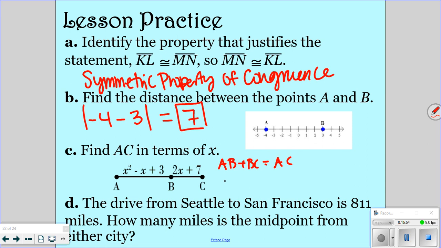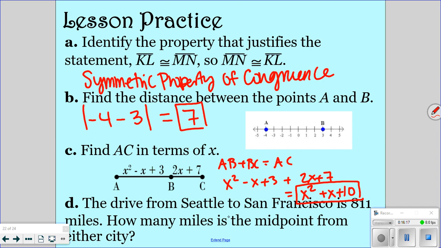So AB was x squared minus x plus 3, and then BC is 2x plus 7. But we want to combine any like terms that we have. So that would make it x squared plus x plus 10. And so that would be your answer for that one.